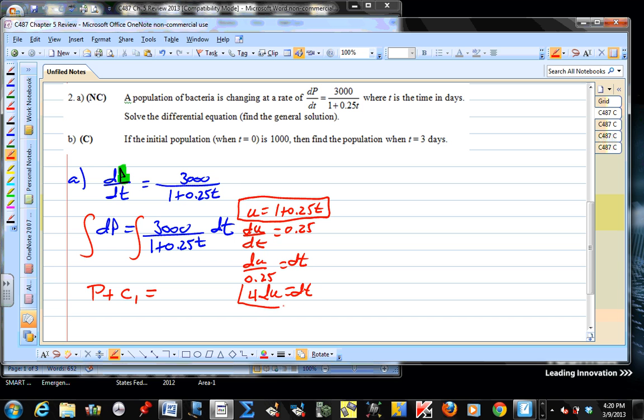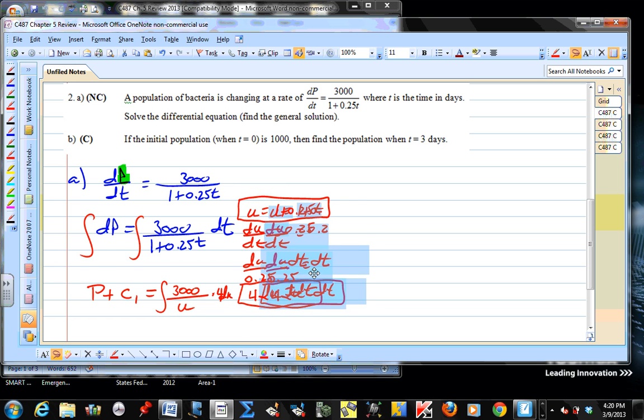So we have a u, we have a dt. Let's get to work. It's going to be like integrating 3,000 over u times 4 du. Let me move some of this stuff over so it's not too crowded. There we go.